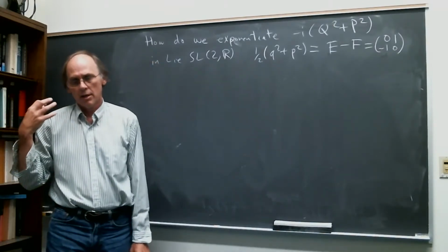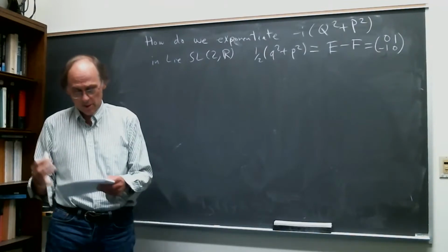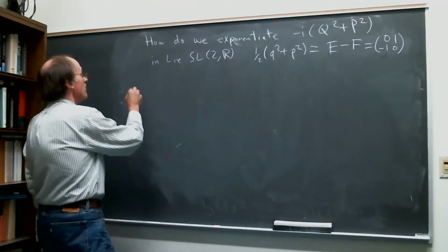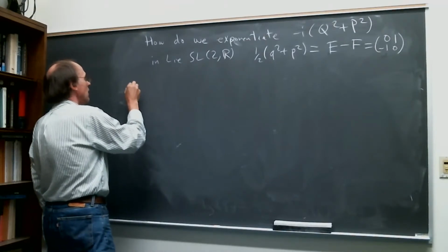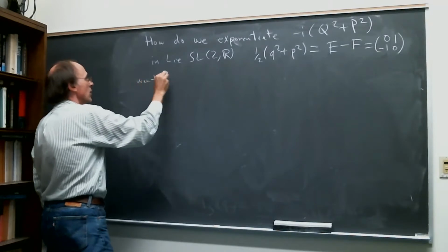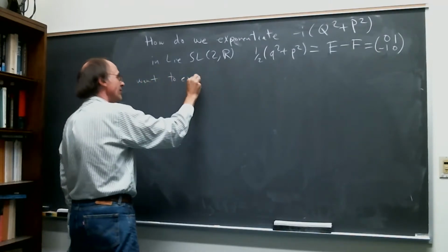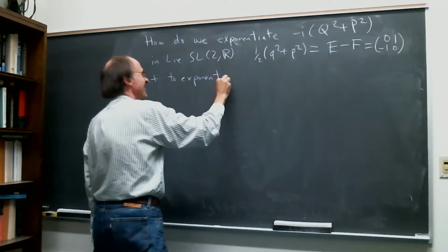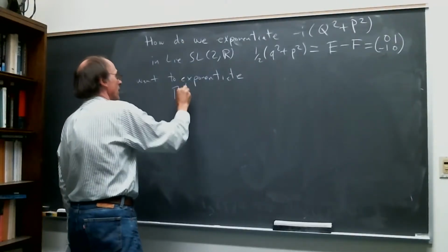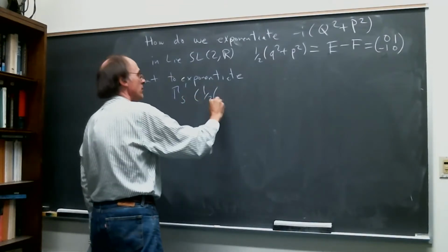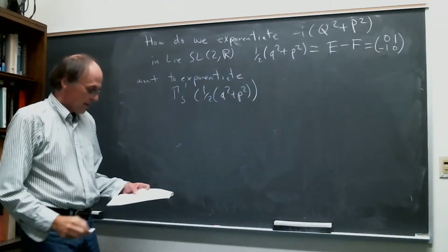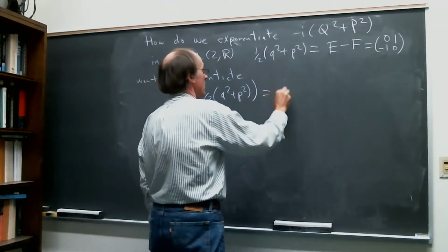But the exponentiation in the representation on this function space means that we want to exponentiate the operator corresponding to this, and which is this guy.